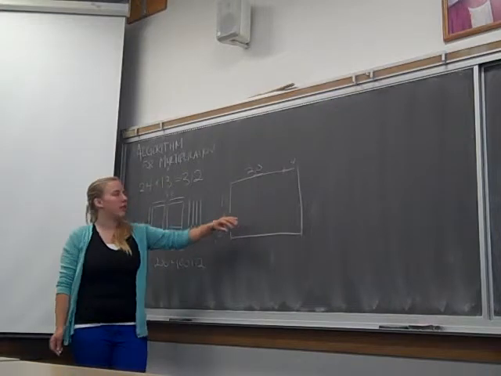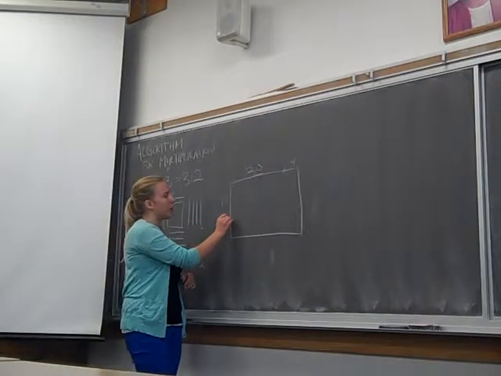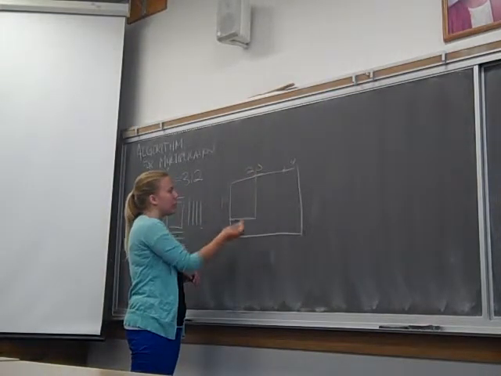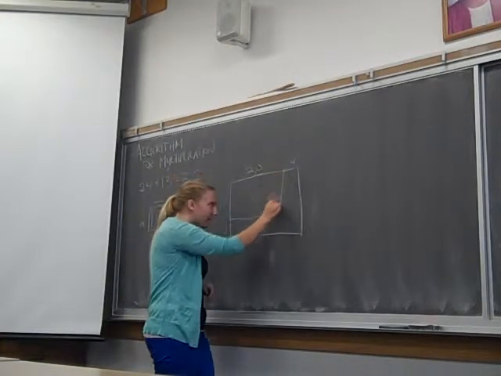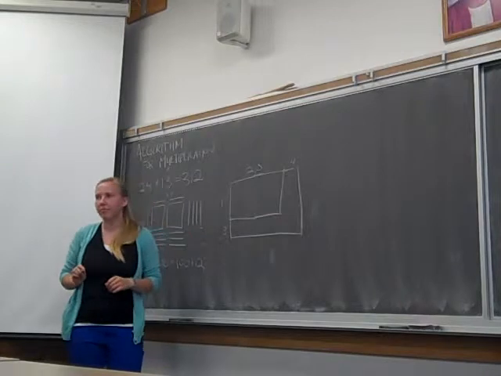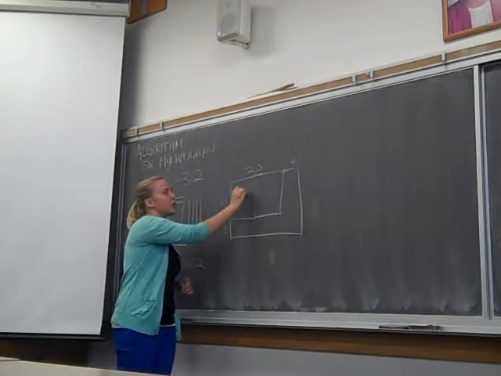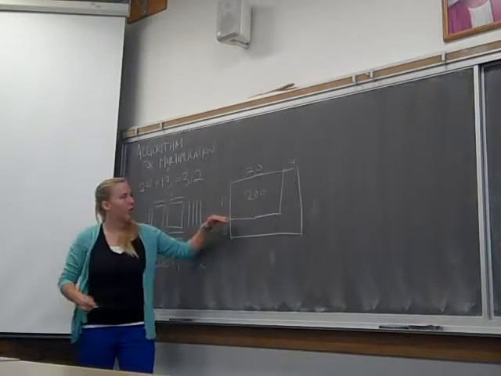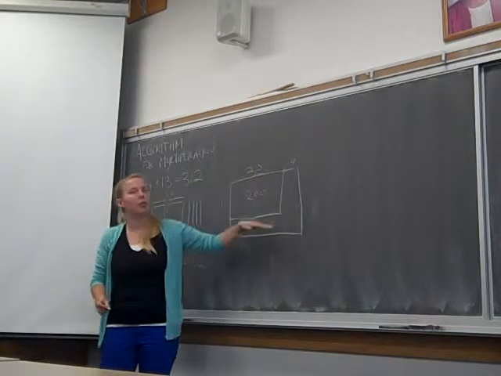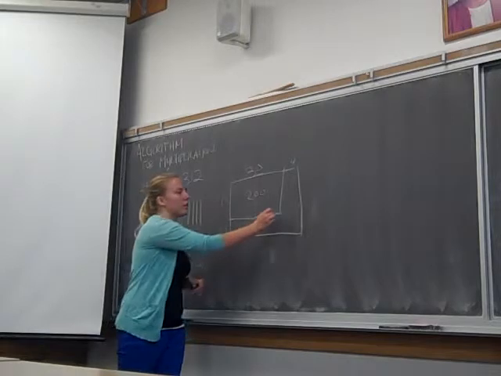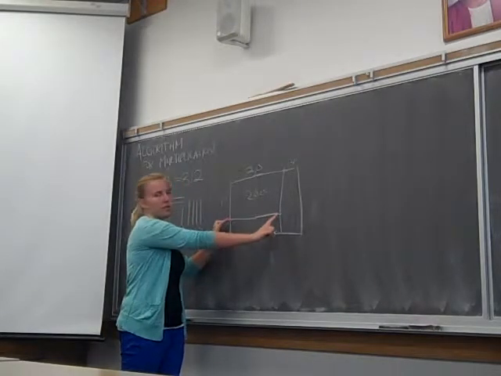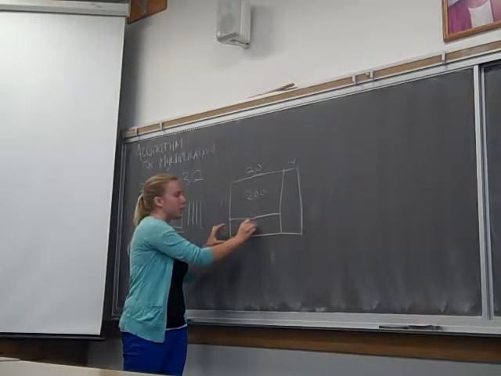So could we divide this up? I know 10 times 20 is what? 200. So we have a rectangle in here of area 200, but we still have some more area, right? Do you know 3 times 20, this rectangle? 60.